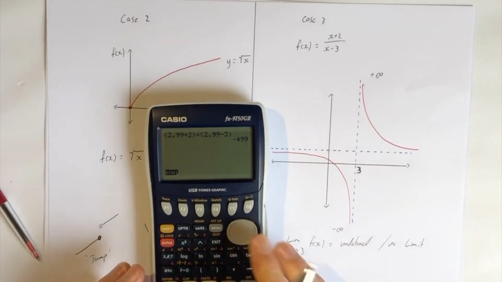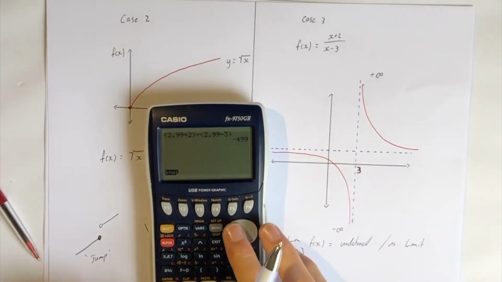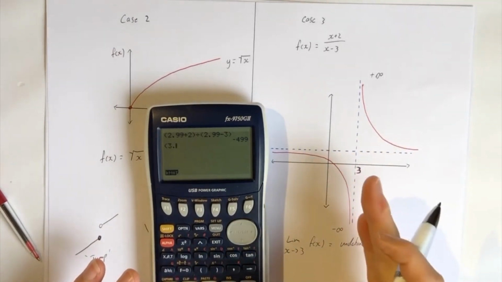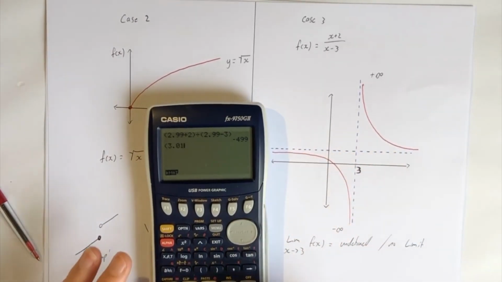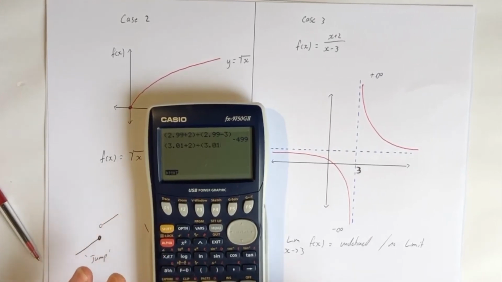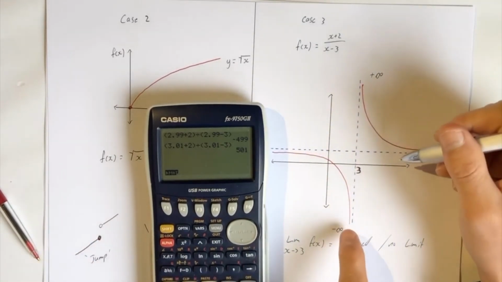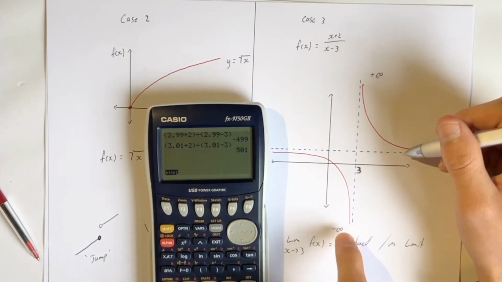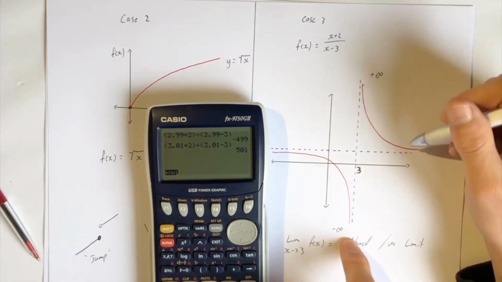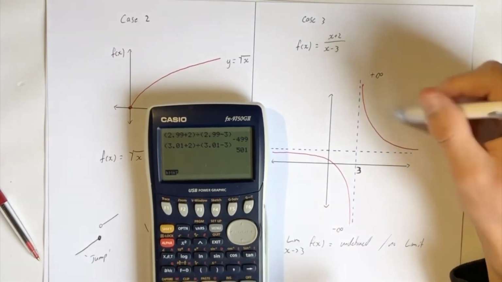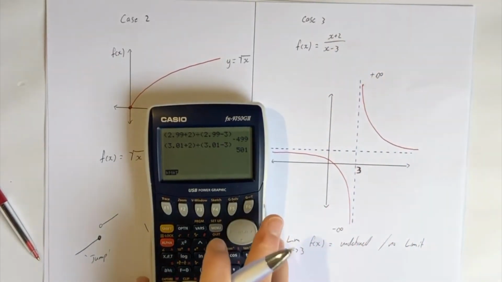And if we go close to it from the right, 3.01 plus 2 divided by 3.01 minus 3, we get 501. So we've got a really big negative number and a really big positive number, so two different limits on either side.